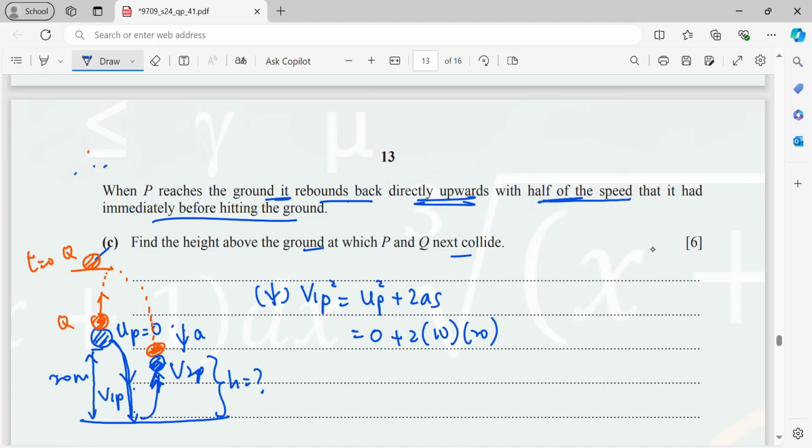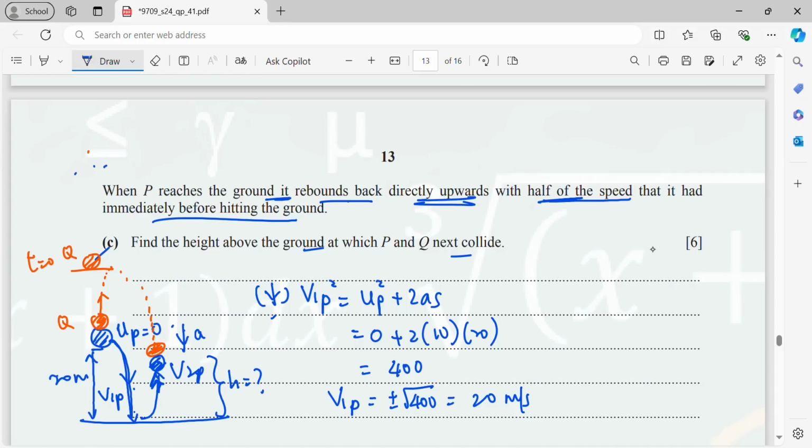So from here you will get 400, which means my V1P is plus or minus the square root of 400. Referring to my diagram, it is going down, and going down is positive. So 20 meter per second. So I know that V1P is 20 meters per second.